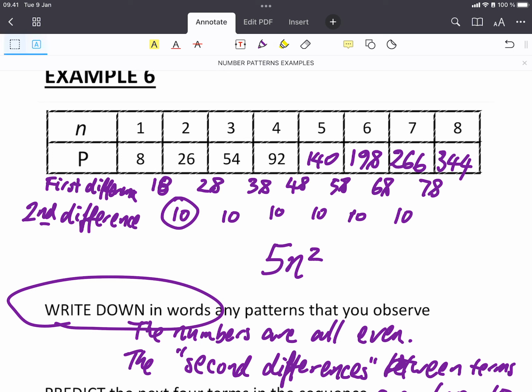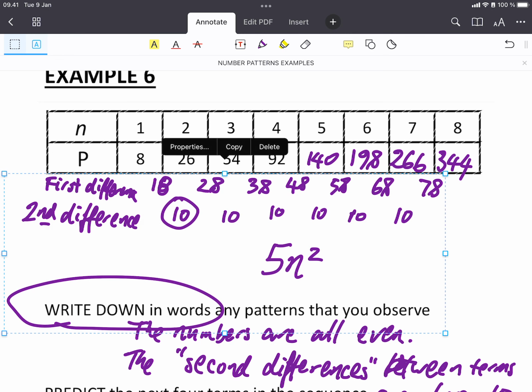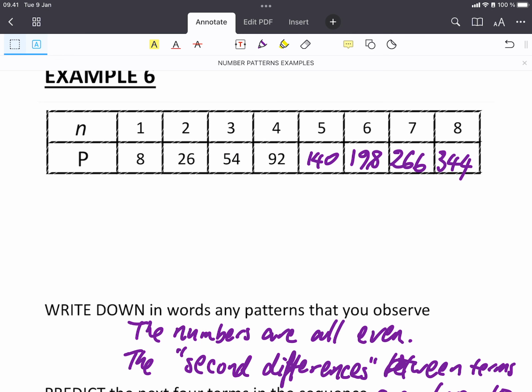So let's just clear some of the mess I made there to give myself a bit of space. So let's just try 5n squared and see what happens. So 5 times 1 squared is 5. 5 times 2 squared, remember you've got to do the squared first. So that's 5 times 4, which is 20.